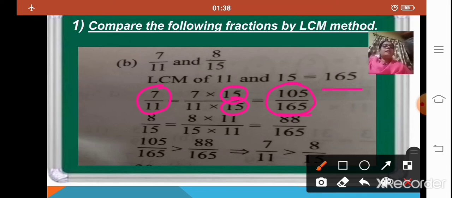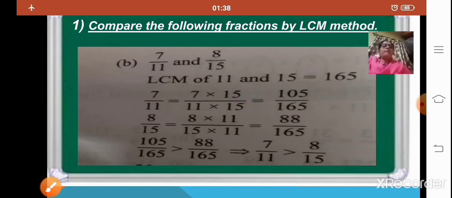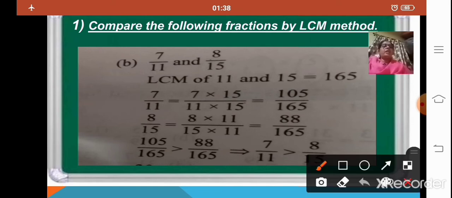Now when we take the second fraction, 8 upon 15, again 15 into 11 will give you 165. Now 11 is multiplied to the denominator 15, so 11 also will be multiplied to the numerator. So 11 into 8 is 88 upon 165. The third step is, you will compare 105 and 88.